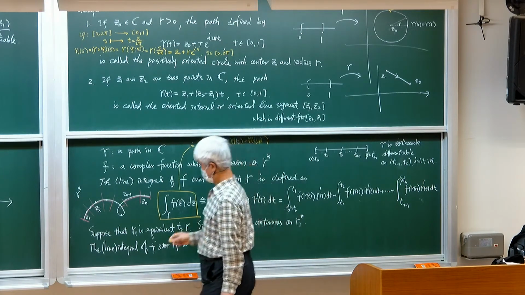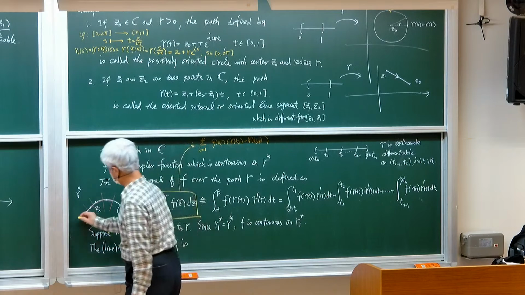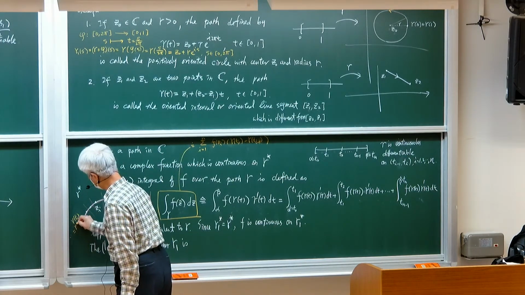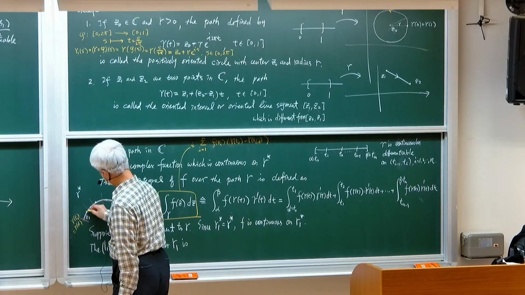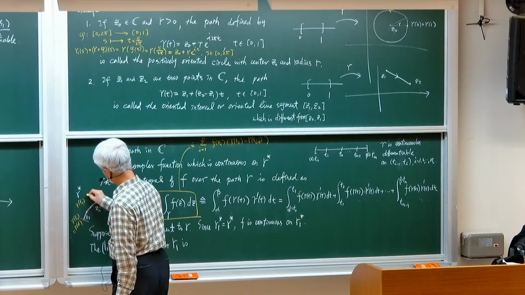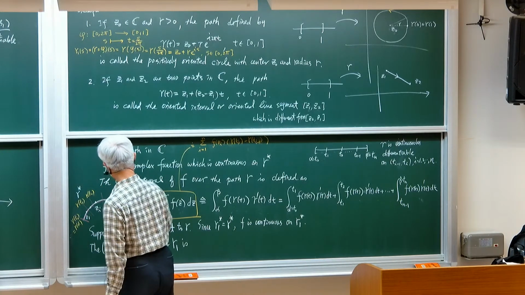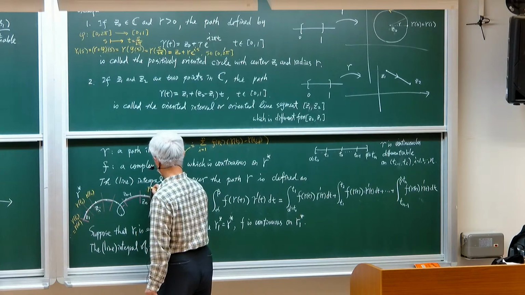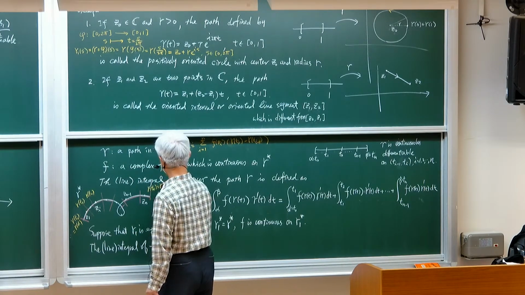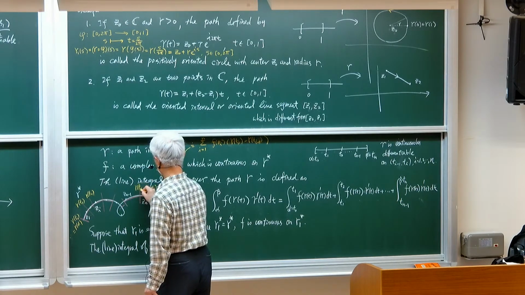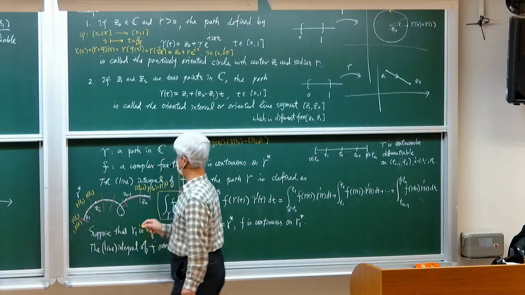This point is gamma T0, which is gamma alpha, and this point is gamma T1 and gamma T2, up to here, gamma Tn, which is gamma beta.